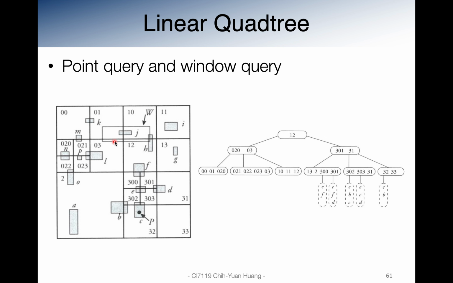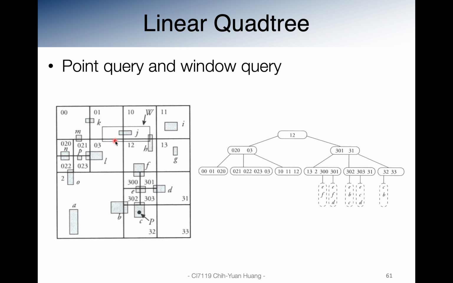As you can see, you will suffer from the problem of the space filling curve. However, it still has some benefits, because the original quadtree is heavily influenced by the skewed distribution of the data.